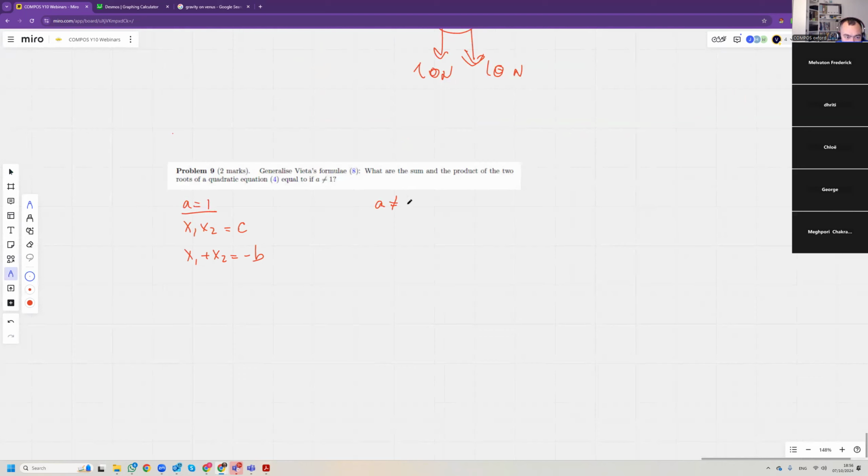If A is not equal to 1, it's going to be a different formula. x1 times x2 equals something, and x1 plus x2 equals something. So you need to work out what that something is. You can use the quadratic formula, for example, because you know how to find x1 and x2. Hope that helps.